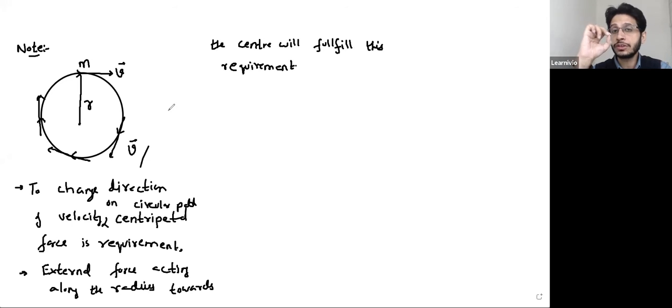Centripetal force is just a requirement. When I say that centripetal force is mv square by r, it doesn't mean that mv square by r force is acting on the body. It simply means that the body requires a force which is mv square by r. It's simply a requirement for centripetal force, and you need an external force to fulfill this requirement.